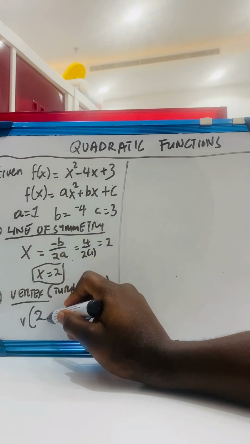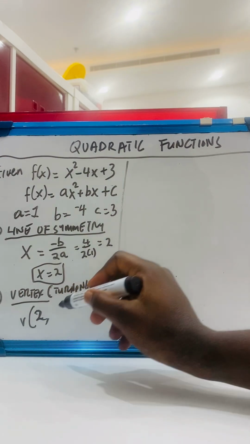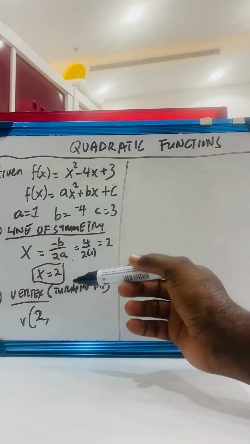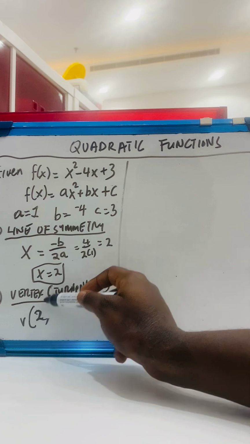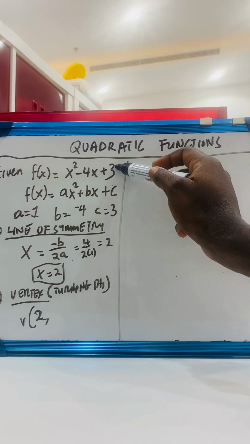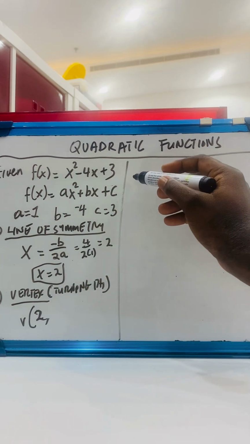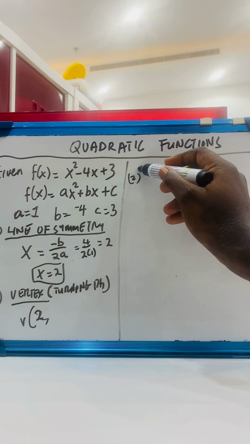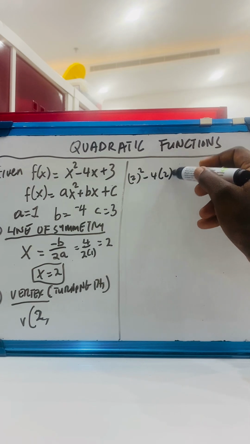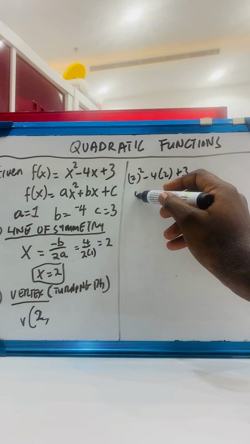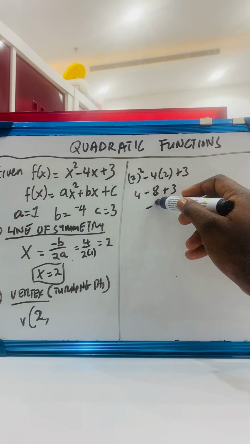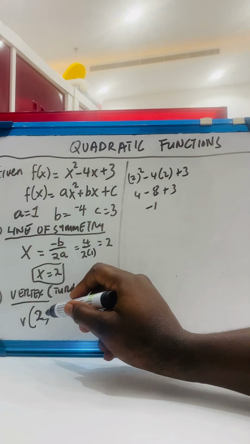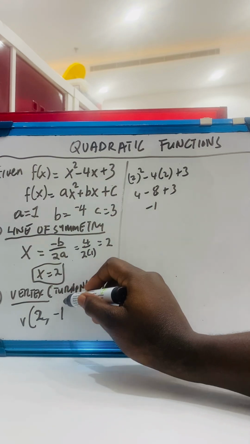So I have 2. How do I find the corresponding y-coordinate? I need to just sub 2 back into the given function. So I have 2 squared minus 4 times 2 plus 3. This is 4 minus 8 plus 3, which is minus 1. So my vertex is 2 and minus 1.